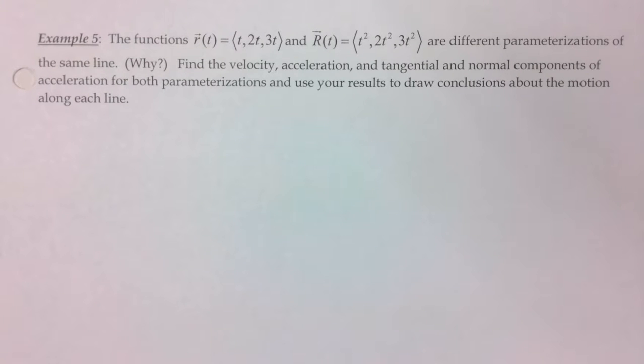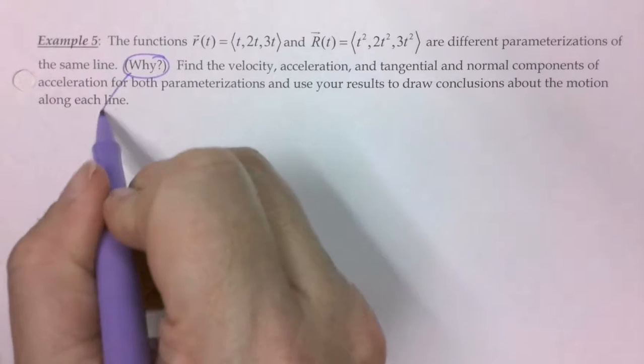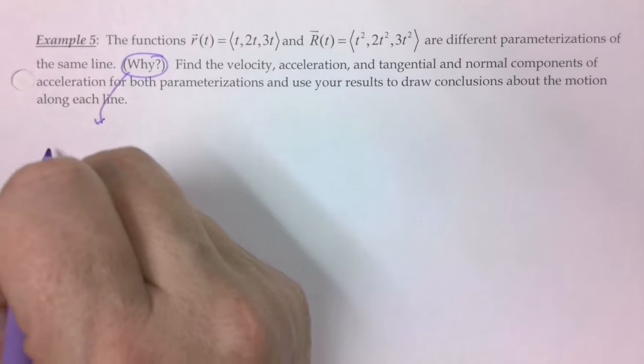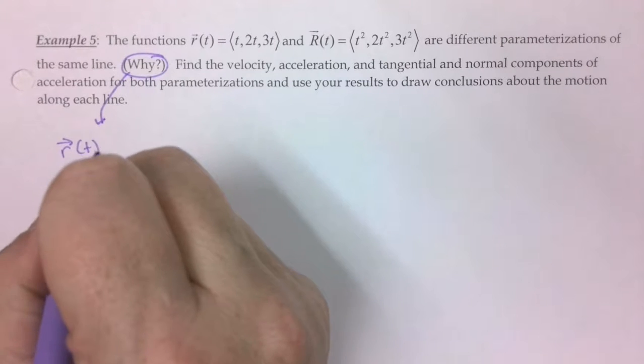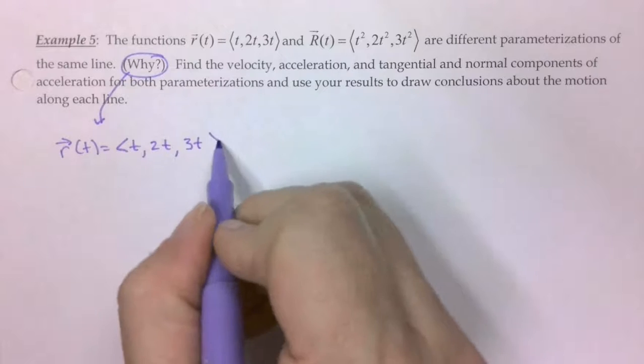All right, so let's start off with why it is the case that they are the same parameterizations. So this is just a little review here of parameterizing. So R of t, which is t, 2t, and 3t, right?